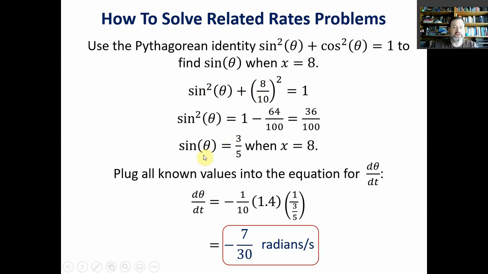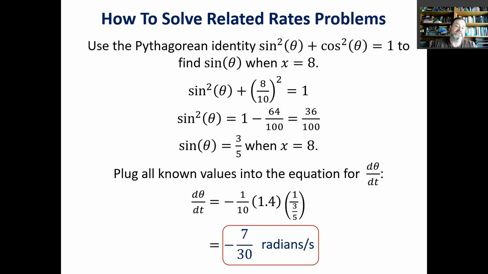Go through the arithmetic on your own, take the square root, and you get sine theta is 6/10, which is 3/5. So that's the last piece of information we need, sine theta. Plug everything into the equation, and you get negative 7/30 radians per second.